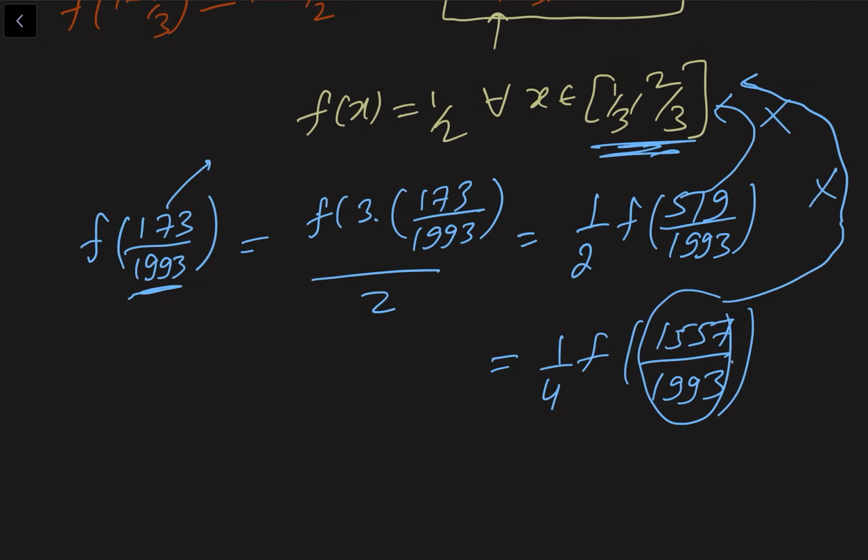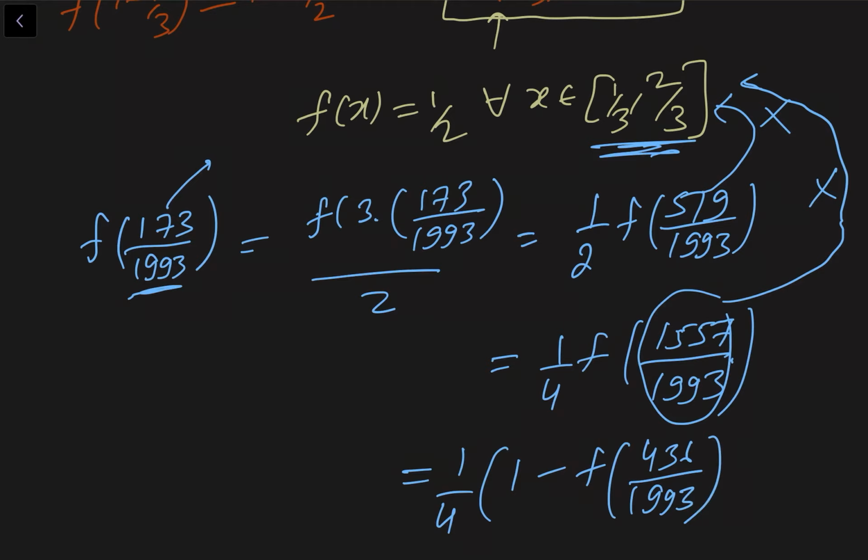Now if this crosses 2 by 3, I have to reduce it further. How can we reduce it further? Now we will use the second equation. So I can say that this is 1 by 4 of 1 minus f of 436 divided by 1993, using the second equation.